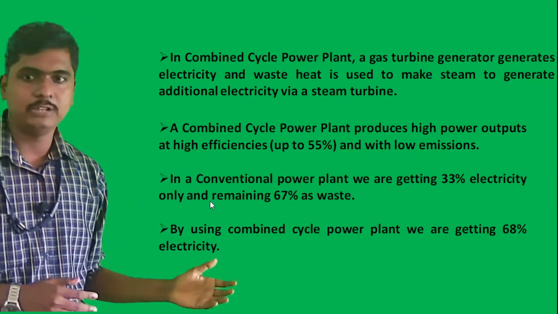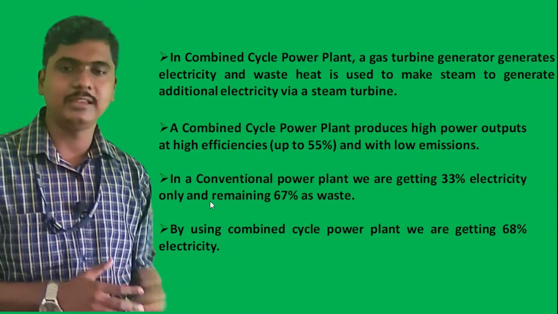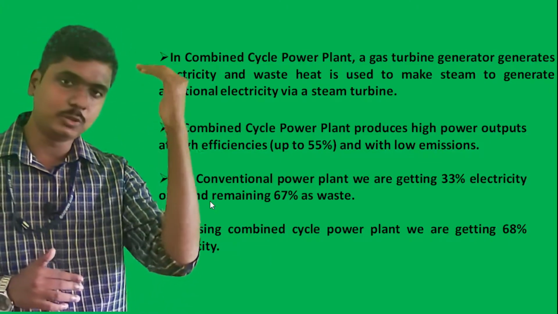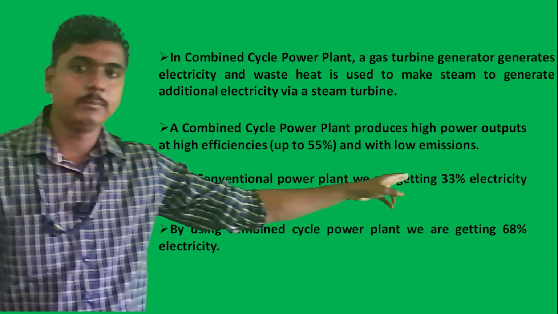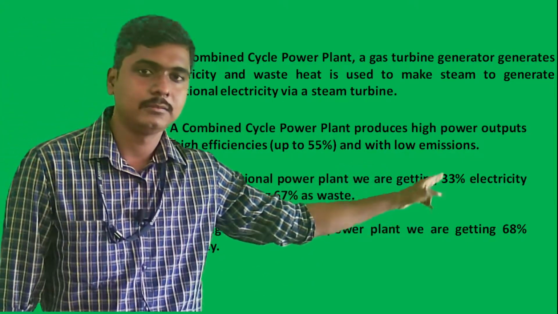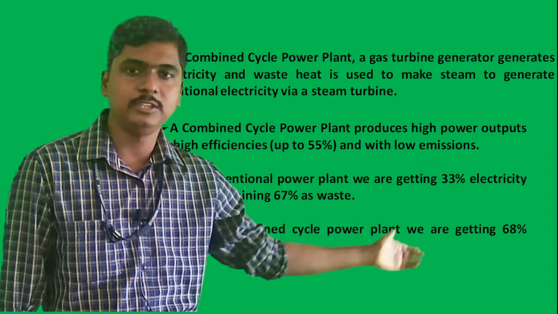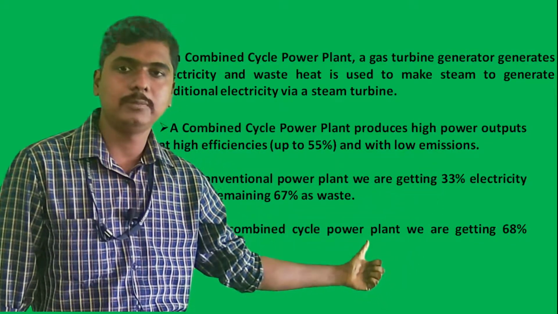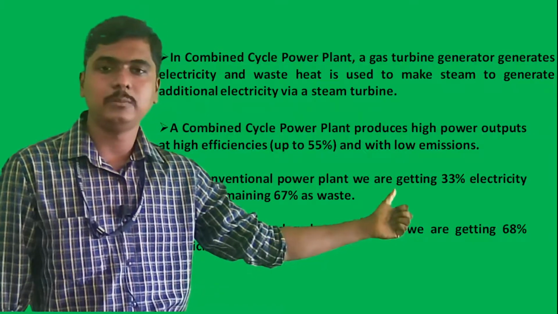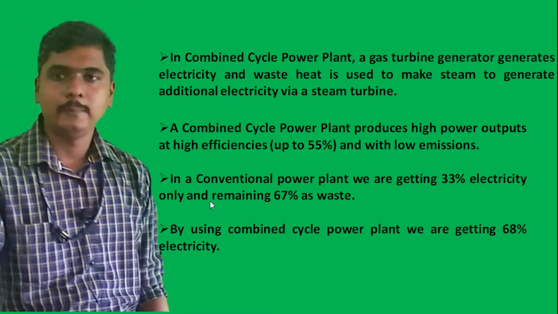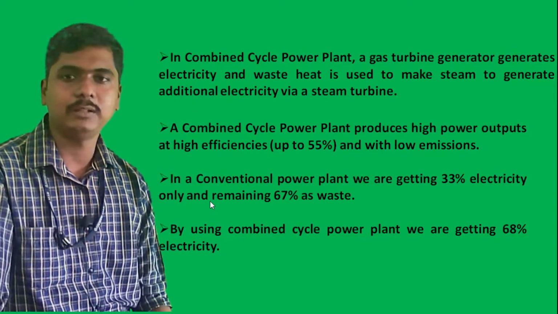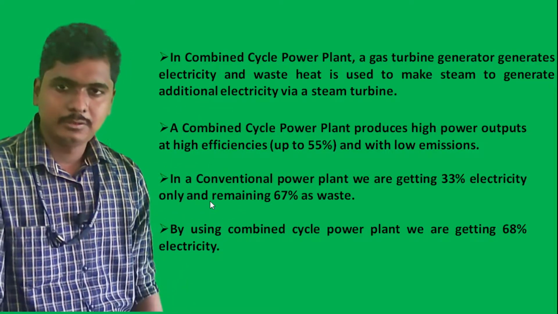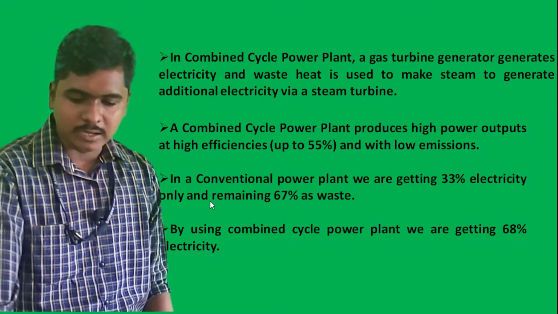But contrary to that, in case of combined cycle power plant we can get up to 68% of electricity. You can see the number is almost double. So efficiency of this power plant will be almost 2 times as compared to a conventional power plant. So that is the striking advantage of combined cycle power plant as compared to conventional power plant.